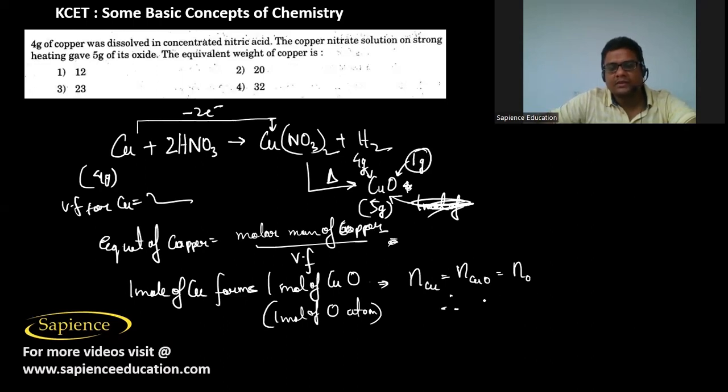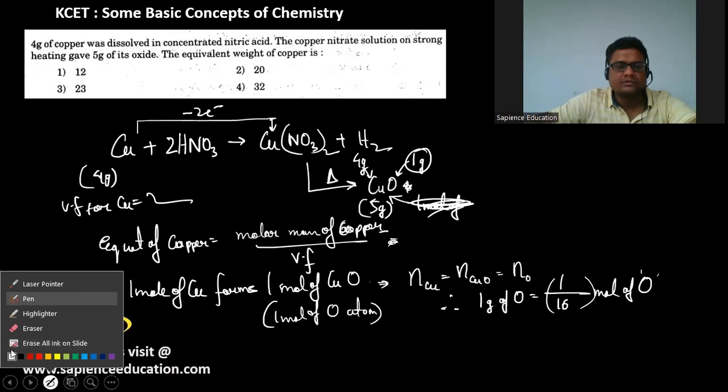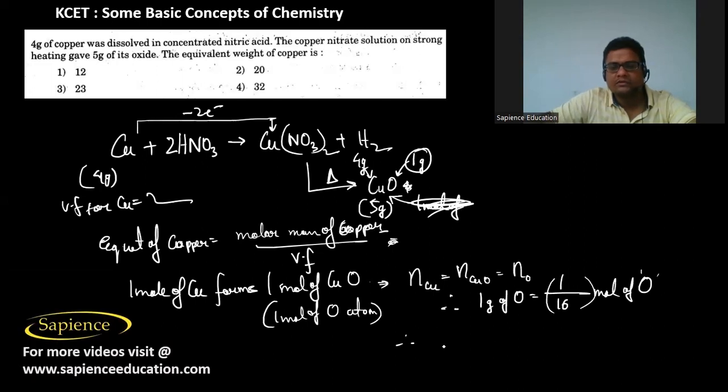So 1 gram of oxygen is 1 by 16 mole of oxygen. Therefore we can say that the number of moles of copper is the same as the number of moles of oxygen, that is equal to 1 by 16 mole.